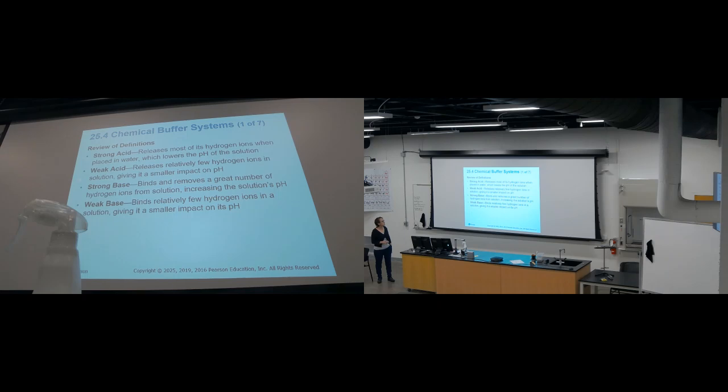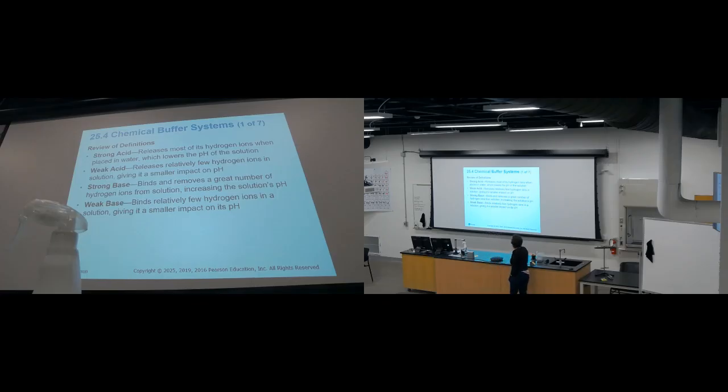And then here are the definitions that we saw before. It makes sense to review them. We can have strong acids, strong bases, weak bases, and weak acids. Weak acids and weak bases can donate or accept excess hydrogen ions, but they do it gradually.